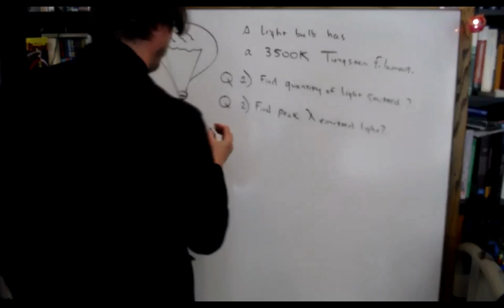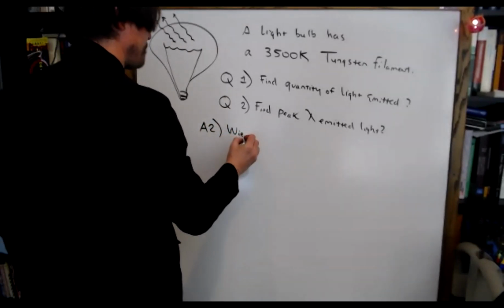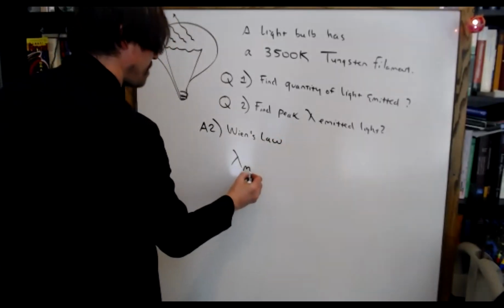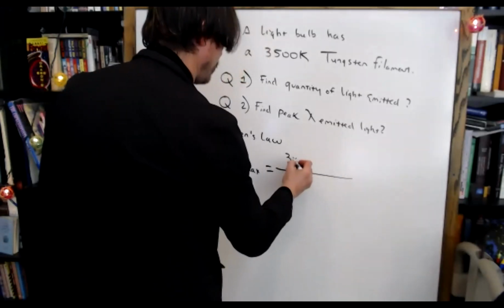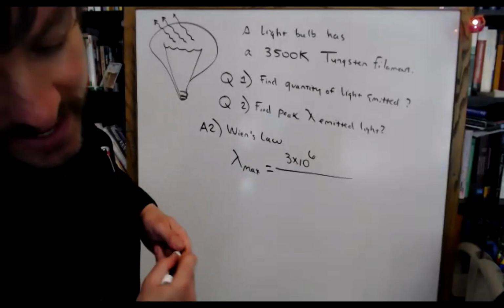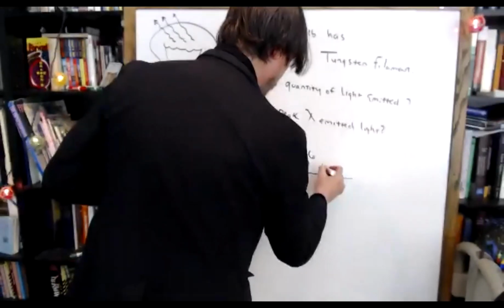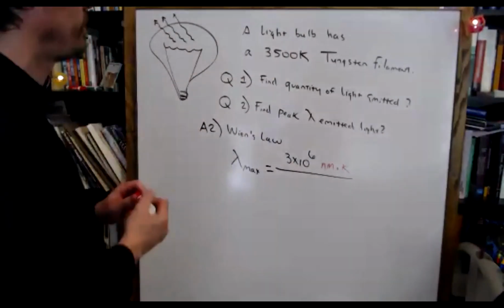Which is going to be the max is 3 × 10⁶, and that's nanometers times Kelvin over T, over our temperature. Good. Okay.